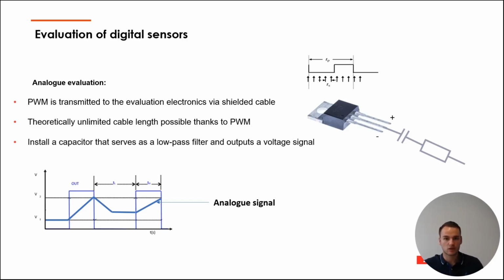All you need is a low-pass filter, which means that you are charging a capacitor, which generates an analog output signal. Unfortunately, this output signal is rather inexact. So once again, if you take a look at the picture on the bottom, you can see your output signal, which is a duty cycle, and if you have a high as an output signal, then you are charging a capacitor, and that's your analog signal.